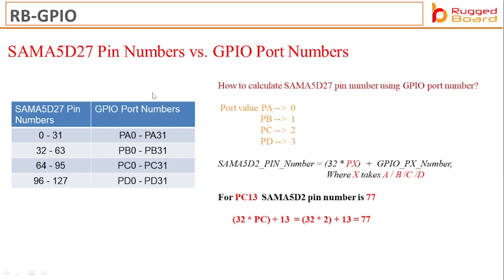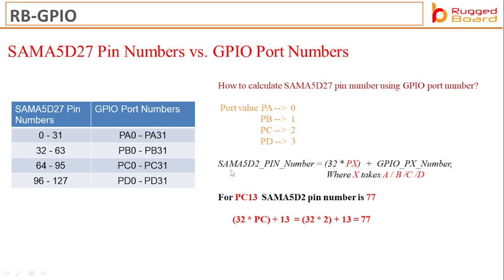If they give PC13, how do we calculate its corresponding SAMA5D2 pin number? For that, we will keep port A as 0, port B as 1, port C as 2, and port D as 3.